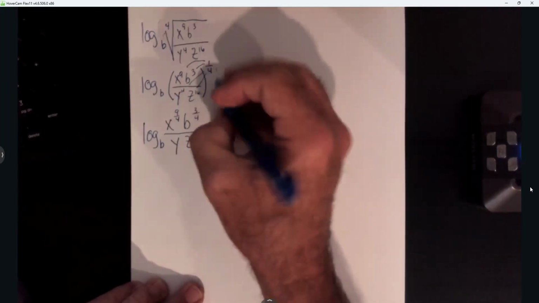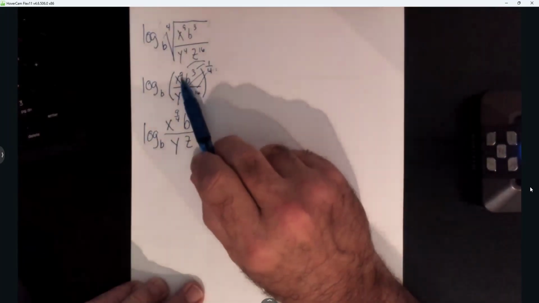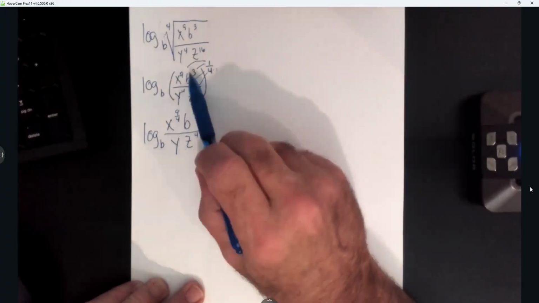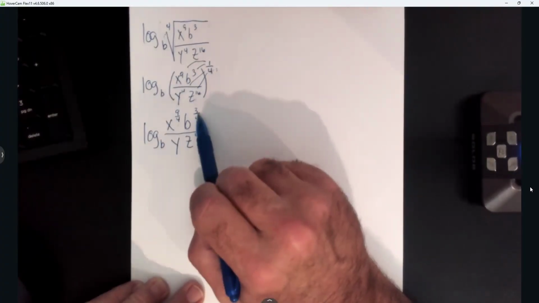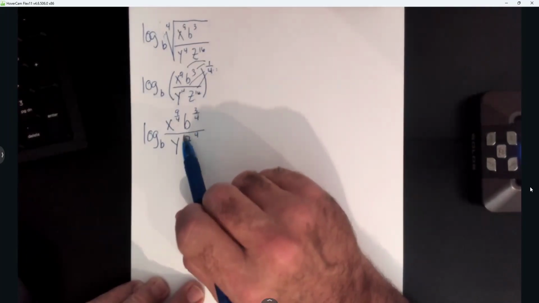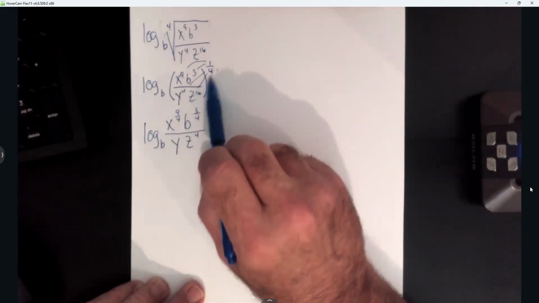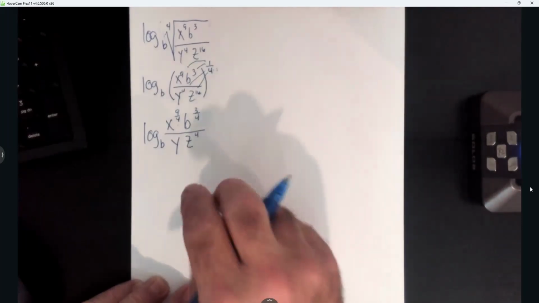For the z, 16 times 1/4 is 4. So what I do, you take the 9 divided by 4. Couldn't do nothing to it. 3 divided by 4, couldn't do nothing to it. 4 divided by 4 left me 1. I don't have to write the 1, remember. And then 16 divided by 4 was 4.